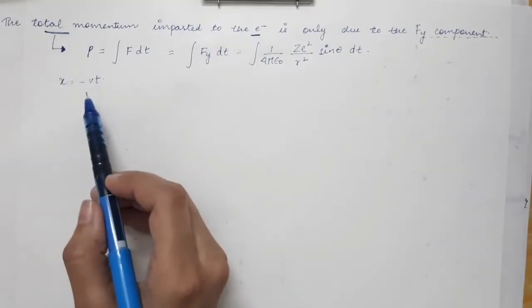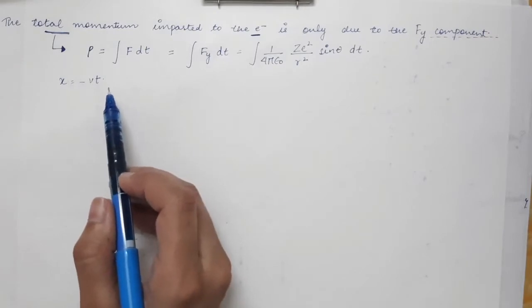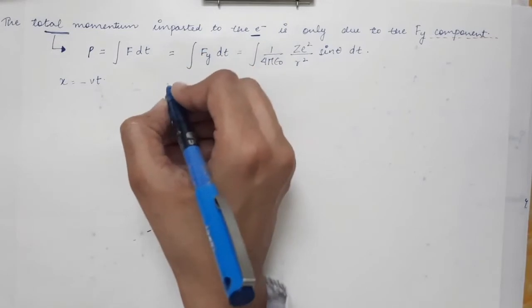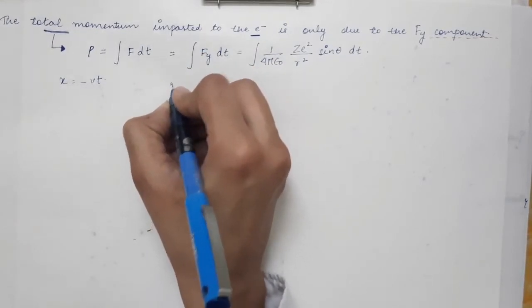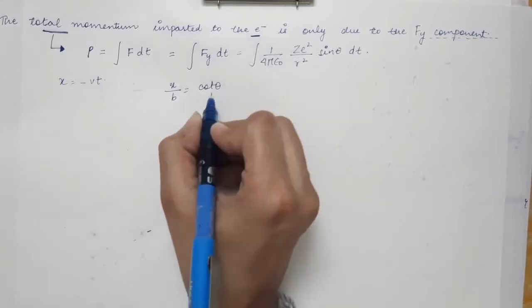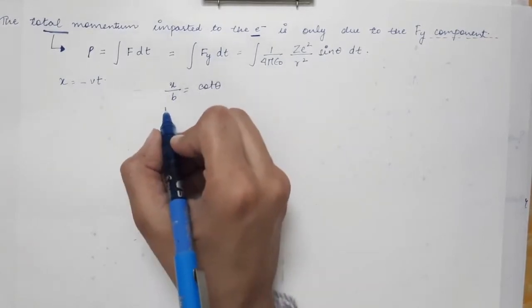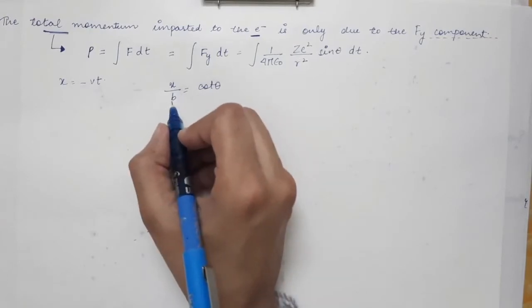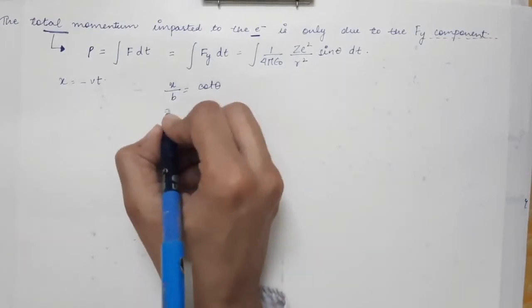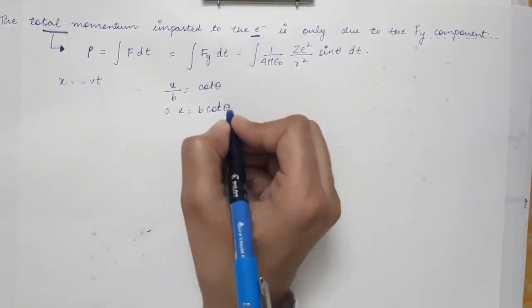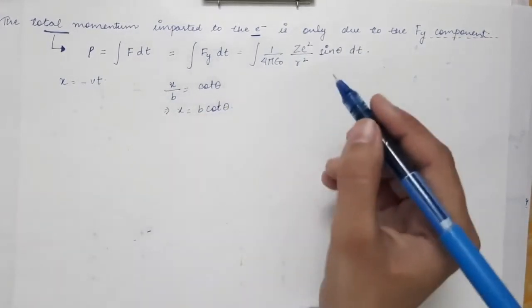So x is equal to minus v into t, and the other expression that we had found is that tan theta is equal to b by x. So you can invert that. You will get cot of theta is equal to x divided by b. So from here you can find x is equal to b cot theta. Now what is the main motive of doing all these things?